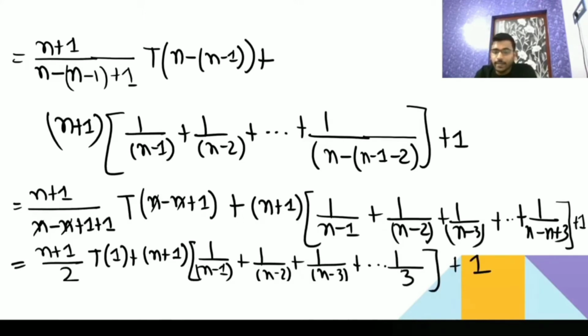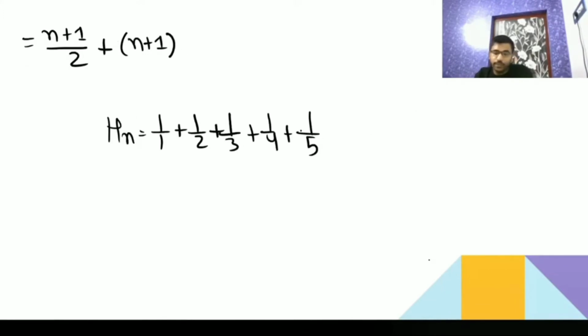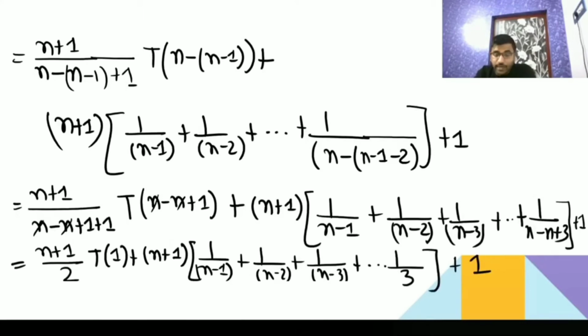So here, in place of Hn, only 1 by 2 and 1 are not there in this equation. That's why they have defined Hn in your question. If I write 1 by 2 and 1, then it will become Hn, which is 1, then 1 by 2, 1 by 3, 1 by 4, like this.